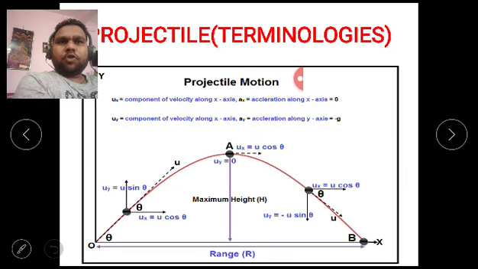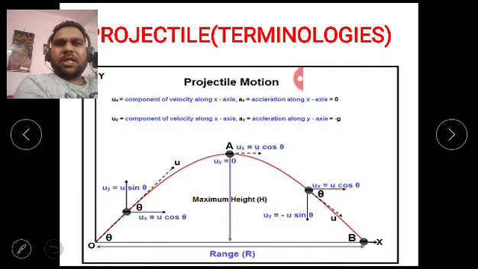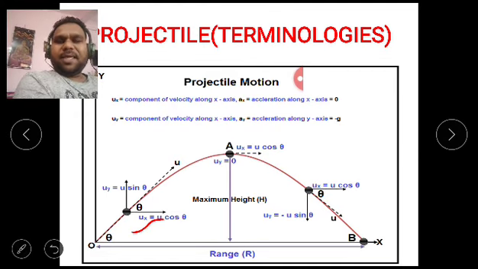We will talk about terminologies associated with projectile motion. As we have already said, trajectory is the path followed by the projectile. There will be two simultaneously acting motions, one horizontal, another vertical. Suppose a projectile is fired making an angle theta with the horizontal.